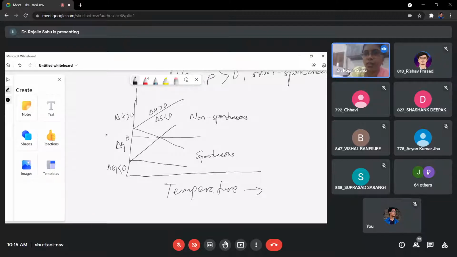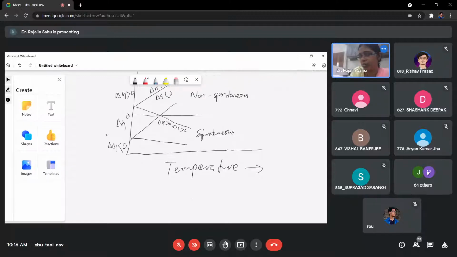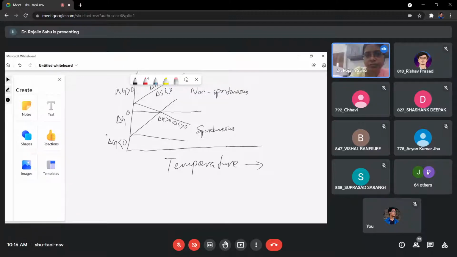Here del S is less than 0, and here del H is greater than 0 and del S is greater than 0.